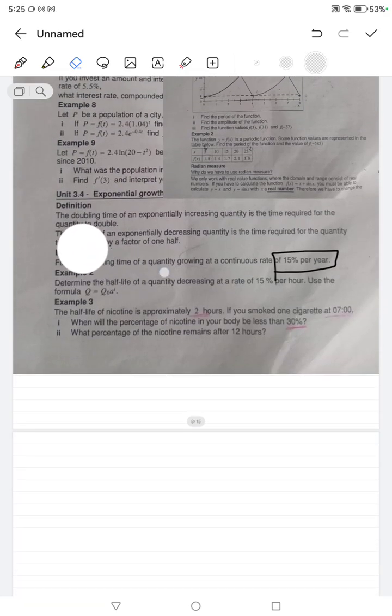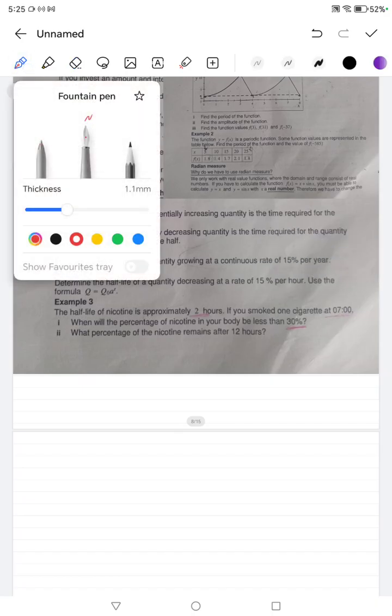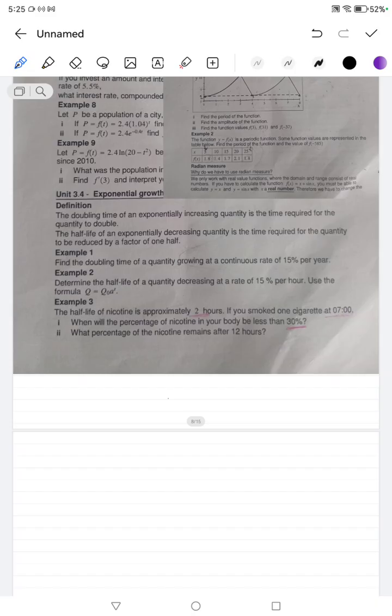Okay, let's relax and read it again, just to make sure we're doing the right things. So they're saying we have the half-life of a quantity decreasing at the rate of 15% per hour. Oh, now I get it.